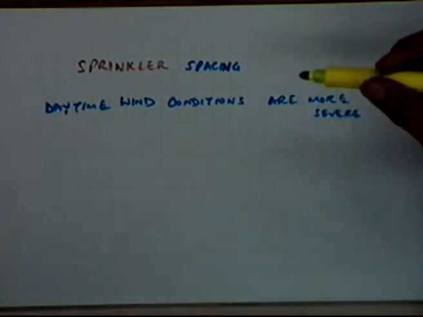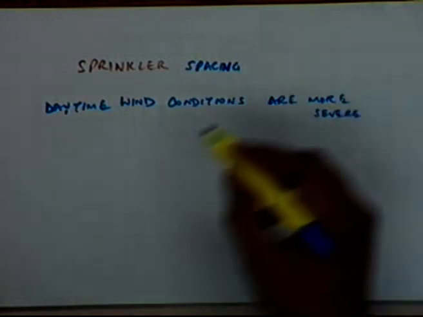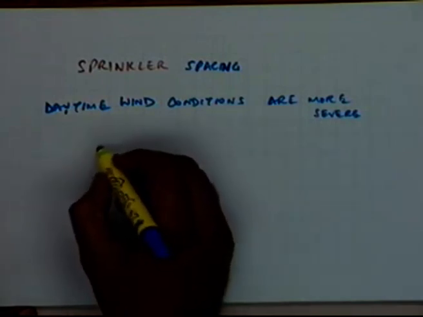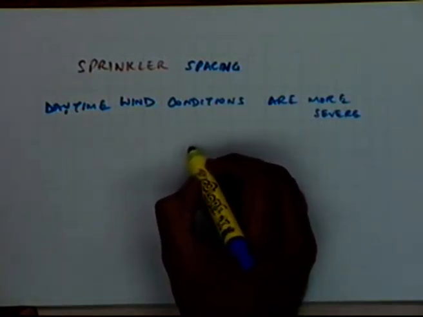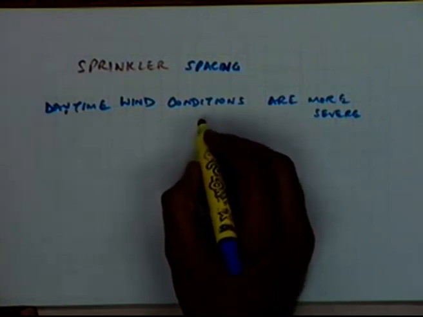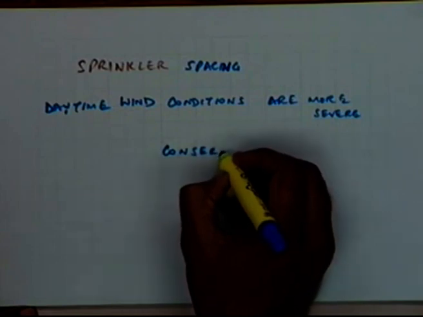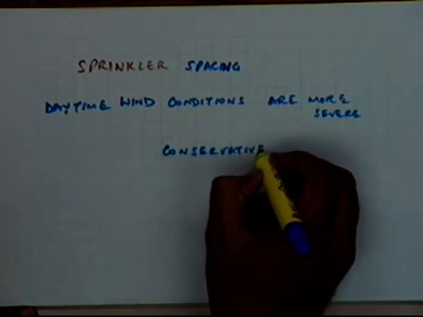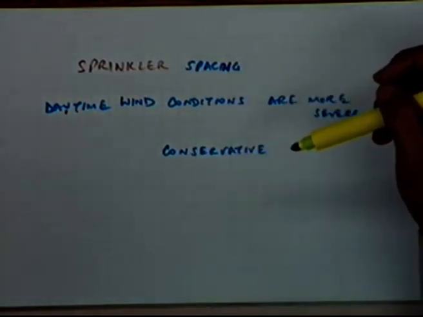If you base your design on the data which is only taking account of the daytime wind velocities, then you are going to have estimates which will be conservative estimates. The design will be conservative because you will have higher wind velocities.